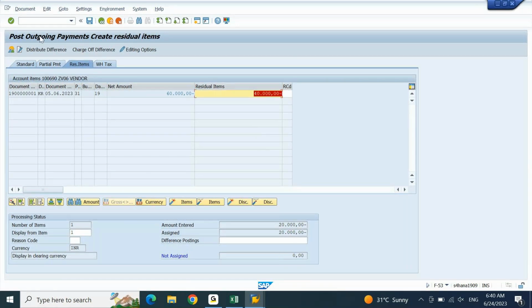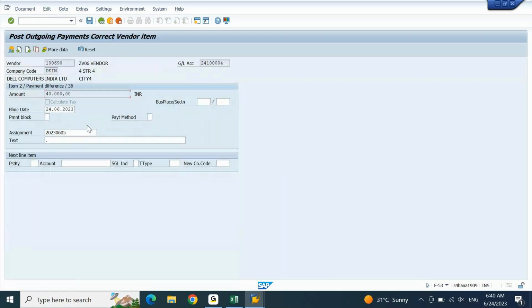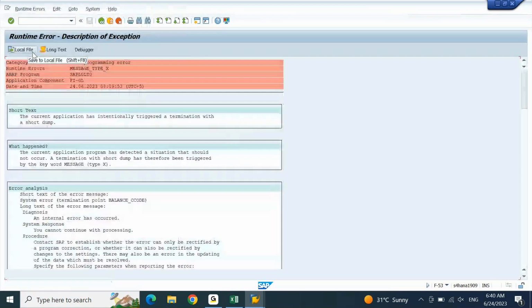Let's go to document, simulate. Let us input this, go back, and let us simulate general ledger. Same problem, we are getting the same error message.